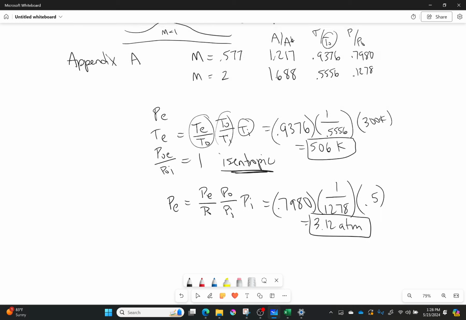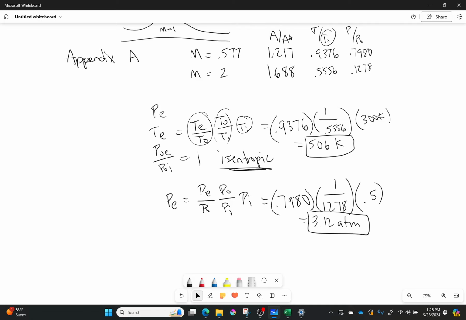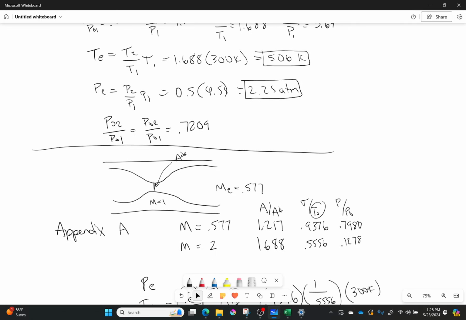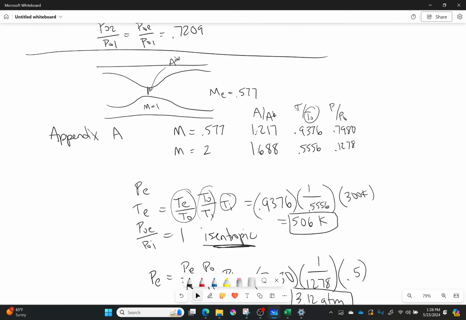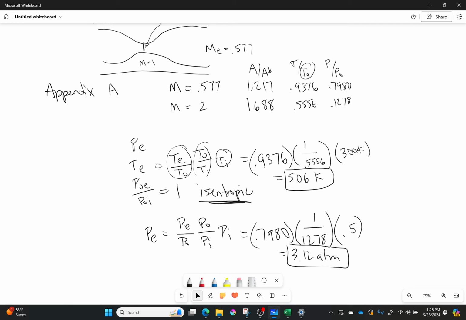But my pressure is much higher. I have 3.12 atmospheres here, while before I had 2.25 atmospheres. My exit pressure is much higher, which is going to be beneficial to me. And then finally, I'm not wasting anything. There's no entropy losses, so my stagnation pressure is constant the entire time. So that converging diverging nozzle is much better than having just a normal shock do the compression for me. And there we go. There we have it.